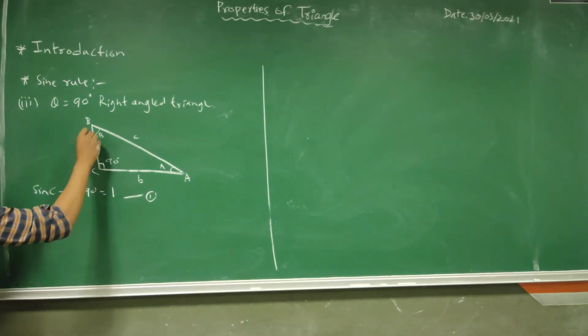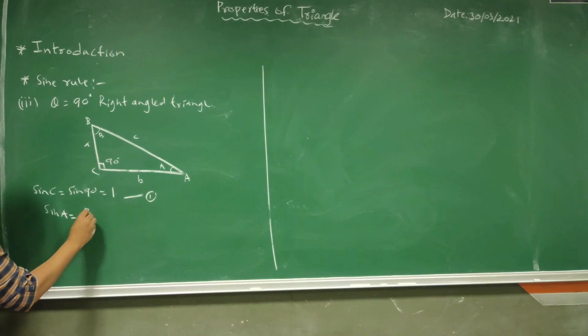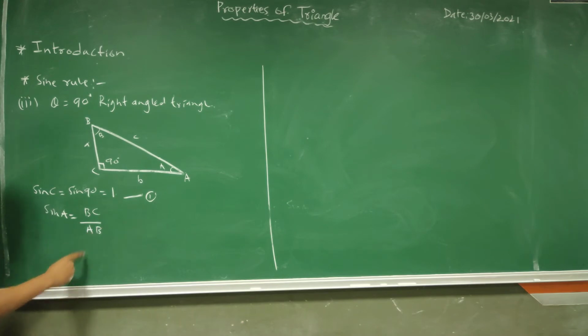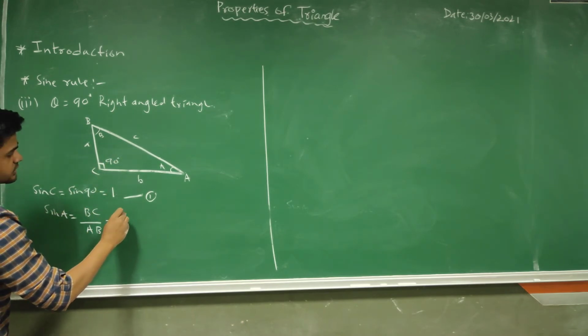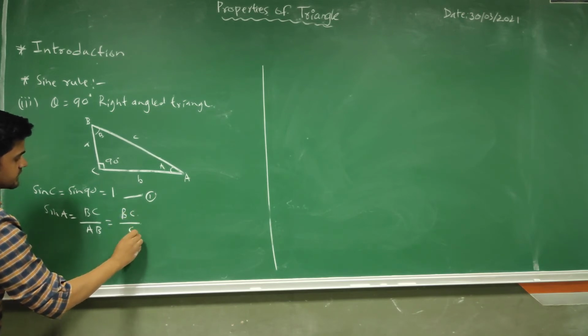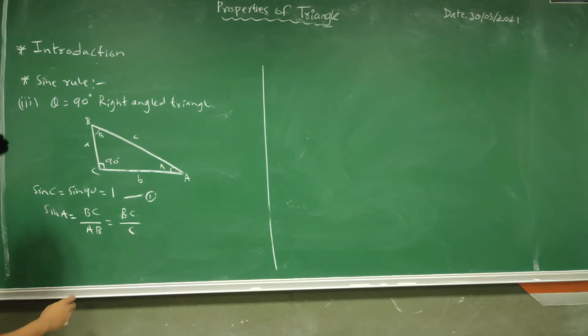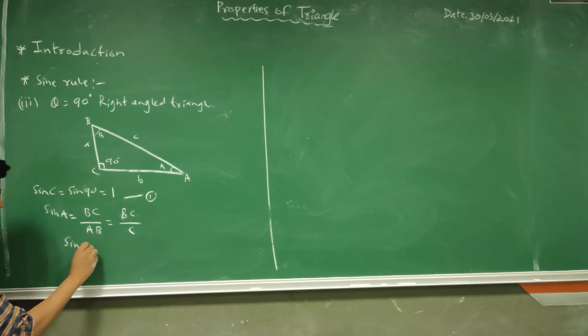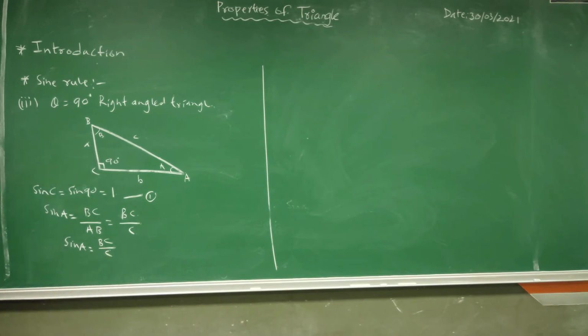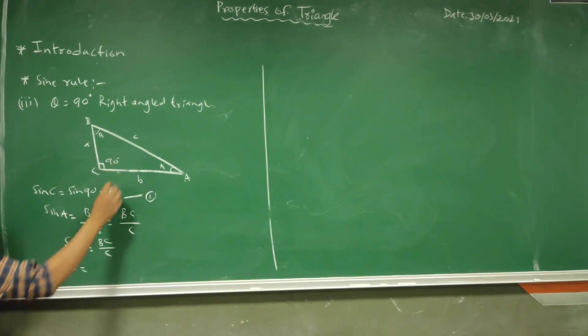Sin A will be opposite by hypotenuse, so it will be BC by AB, and AB is nothing but C. So sin A is nothing but BC by C. Now if I apply sin B, it is opposite by hypotenuse.